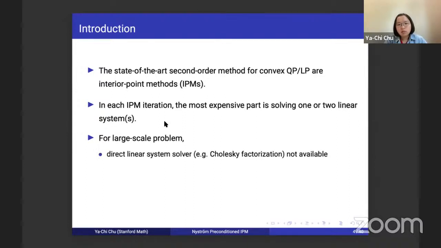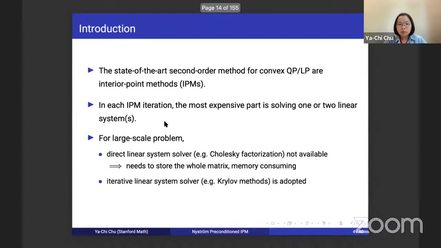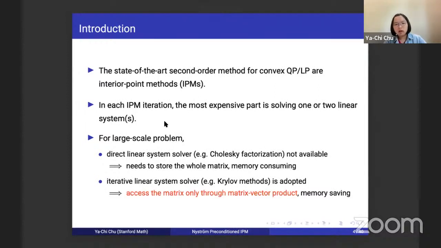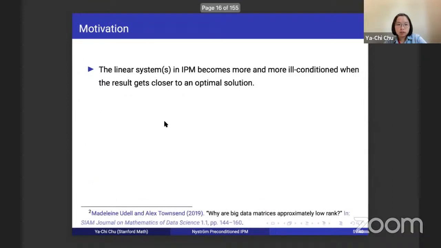So usually we don't want to use a direct solver, such as Cholesky factorization or generalized Cholesky factorization, because it requires us to store the whole matrix, which is very memory consuming. So people usually use iterative linear solvers for large scale problems, which need only the matrix vector product of the matrix.